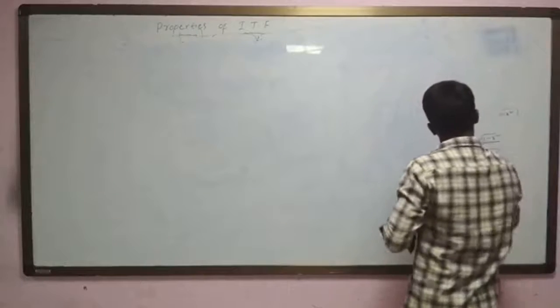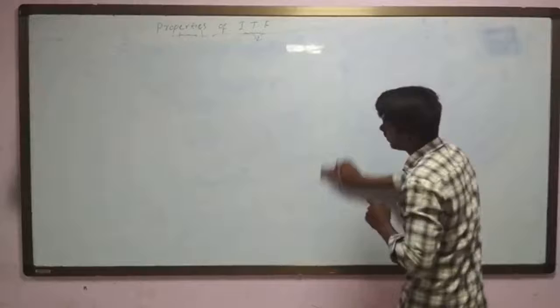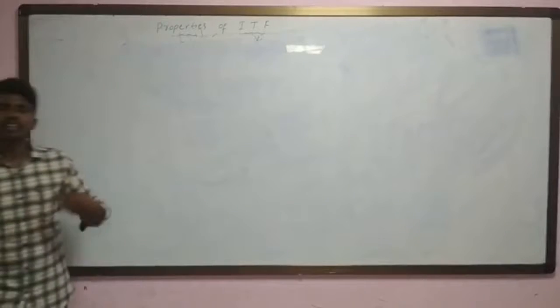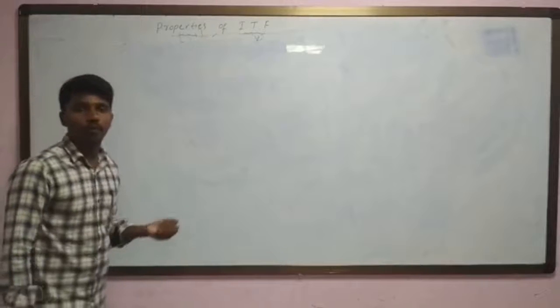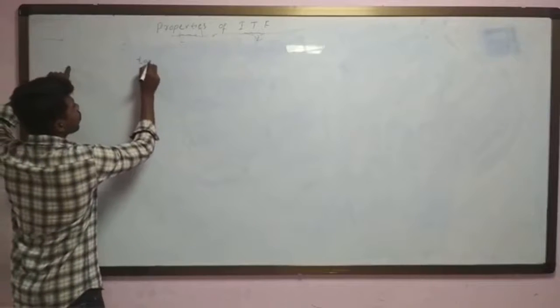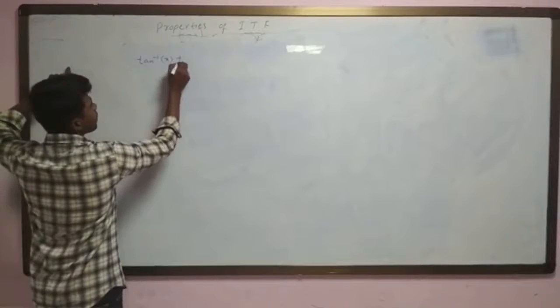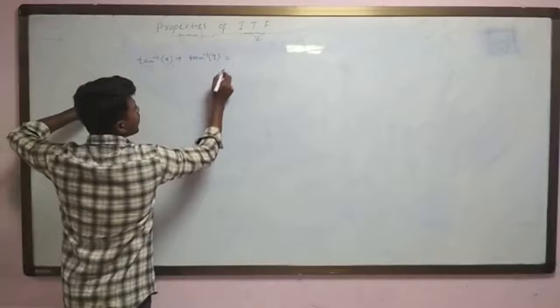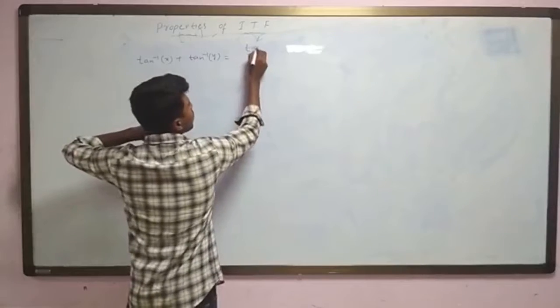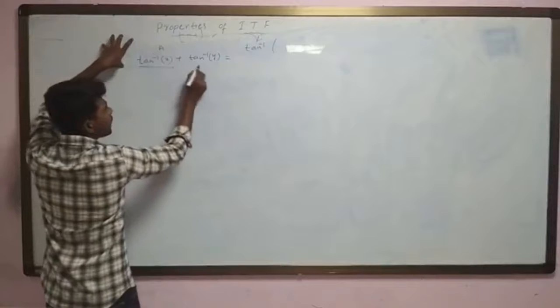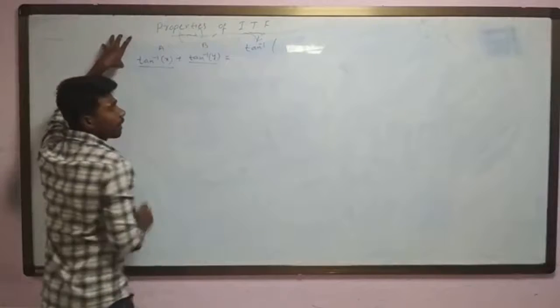See, these are the formulas. The next formula is very important and most frequently used in problems. We can easily remember those with the help of our trigonometric formulas. Tan inverse of x plus tan inverse of y is equal to tan inverse of, so we can take this entire part as a, this entire part as b.